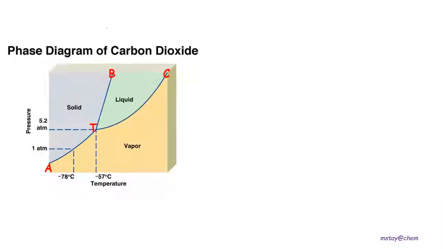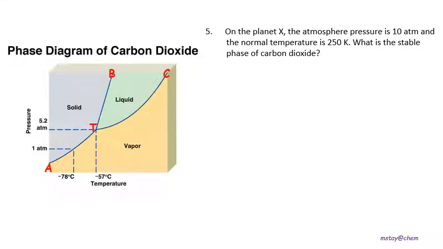Now let's proceed, still using the same phase diagram, to question number 5. On planet X, the atmosphere pressure is 10 atm. We roughly mentioned just now, this is the 10 atm, and this is around negative 30 degrees Celsius. The normal temperature for this planet is 250 Kelvin.